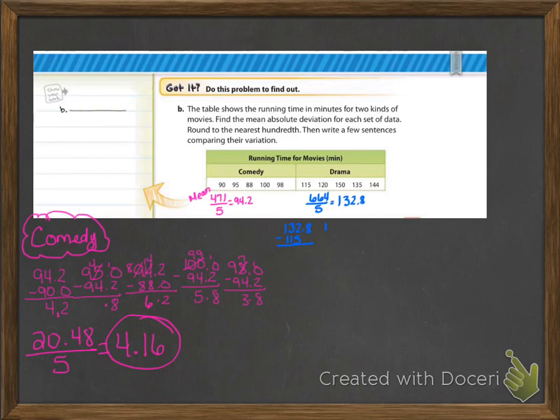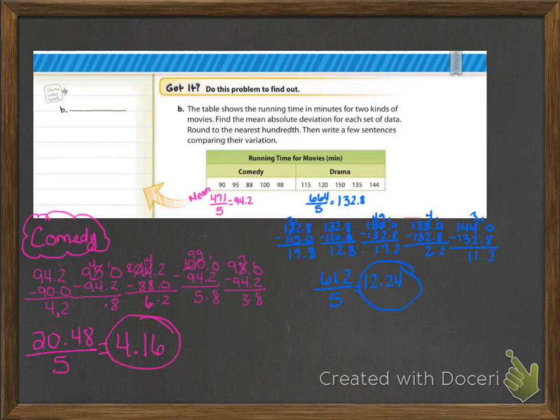Now I did it with the dramas. When I found the mean for all the drama numbers, I got 132.8. You can see that I wrote them out and started subtracting. I ended up finding the mean absolute deviation for drama to be 12.24.